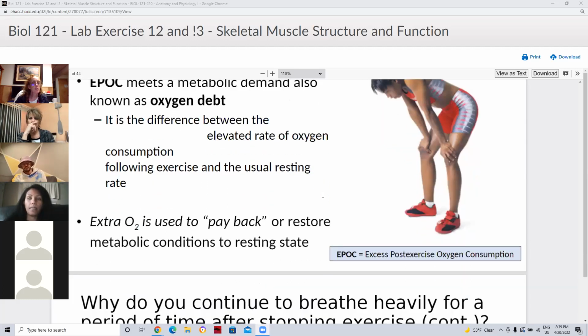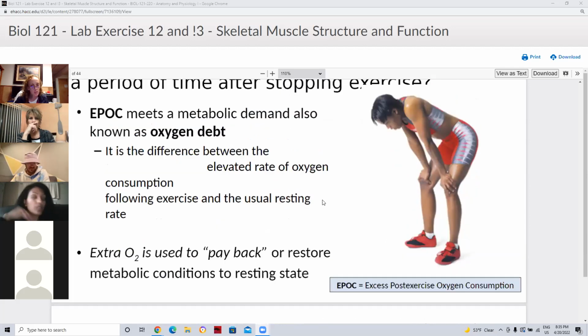This breathing heavily to bring in more oxygen is going to work to restore your metabolic conditions back to the resting state. You need to build up those myoglobin oxygen stores again. You have to build up your creatine phosphate stores again.